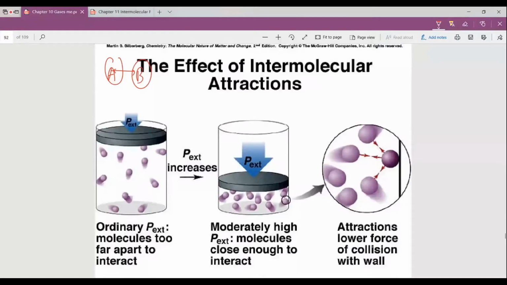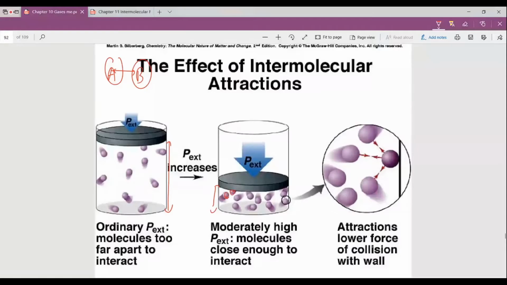So that's why when we push this piston and apply the pressure, what happens to the volume? Volume becomes smaller, right? At first, the volume is larger. When we push the piston and apply pressure, the volume becomes smaller, so it makes the molecules near to each other.